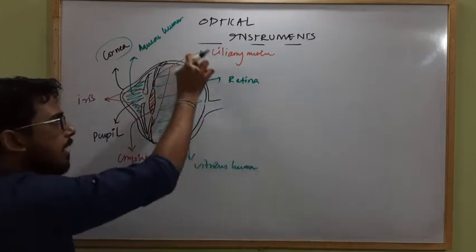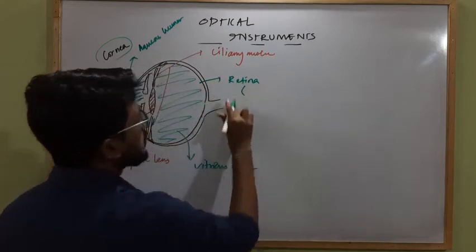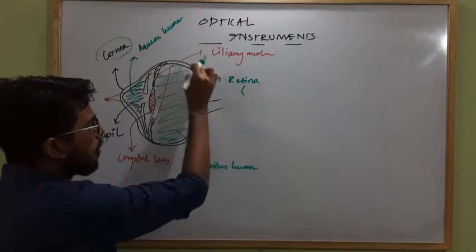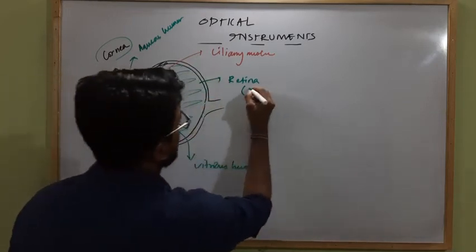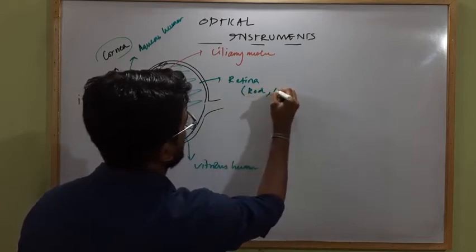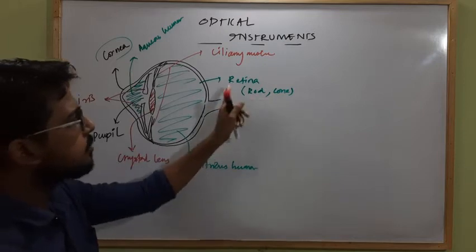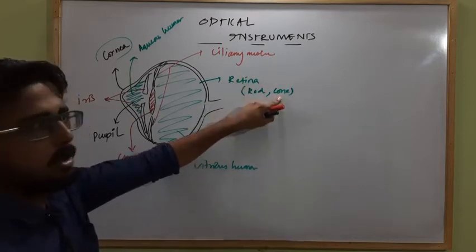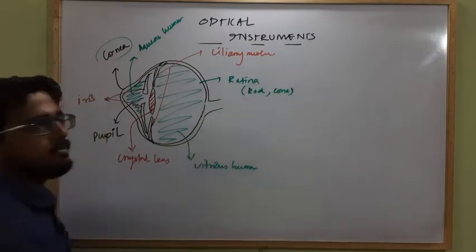At the back of the eye there is the retina, and in the retina there are rods and cones attached to a large number of nerves, which are attached to the brain, and this gives us the sensation of vision.